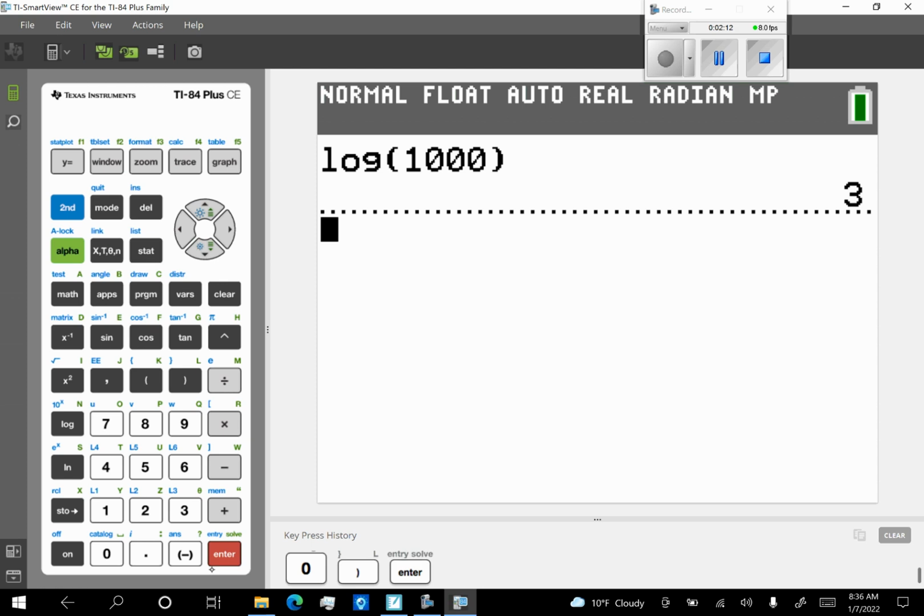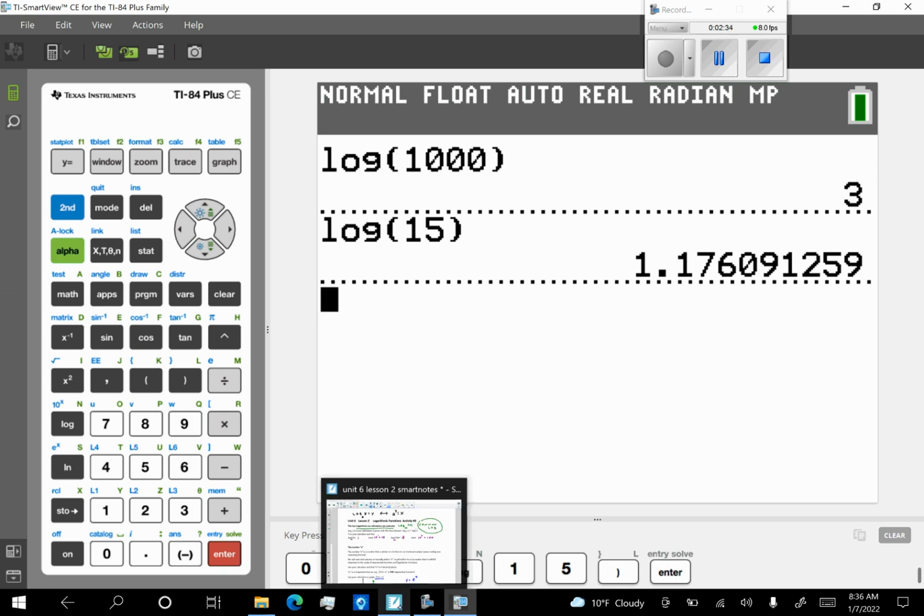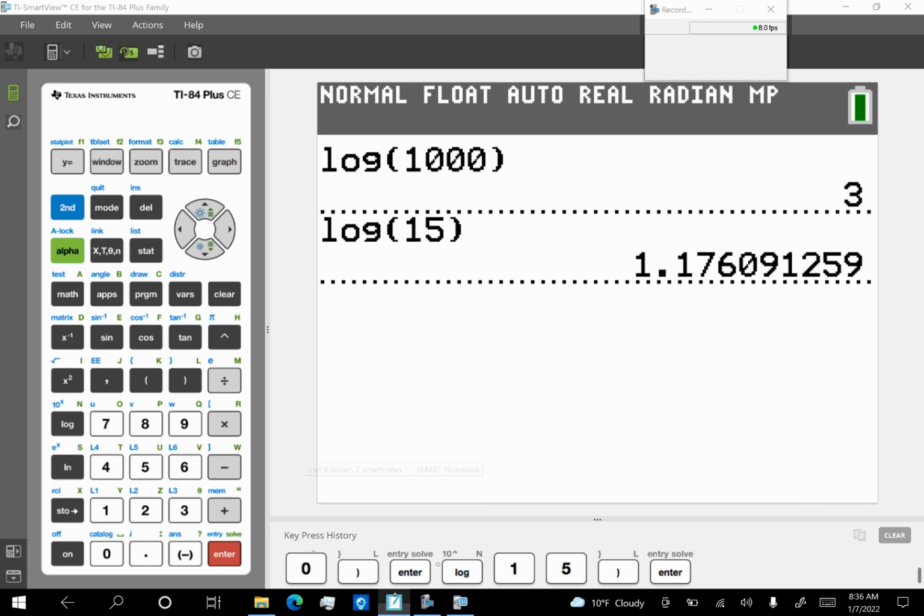And we can take the log base 10 of anything. In fact, we can go log base 10 of 15, which is going to be an irrational decimal number. Log base 10 of 15 is 1.17609. So that's one of the logarithms that the calculator can do for us, log base 10.